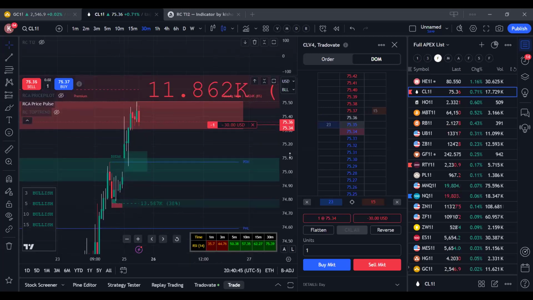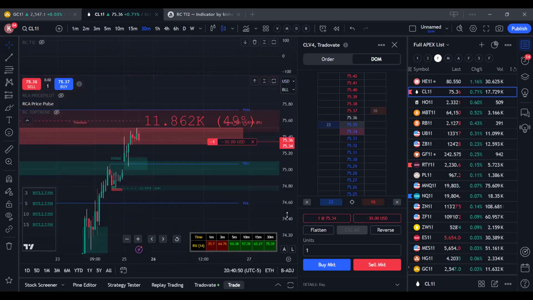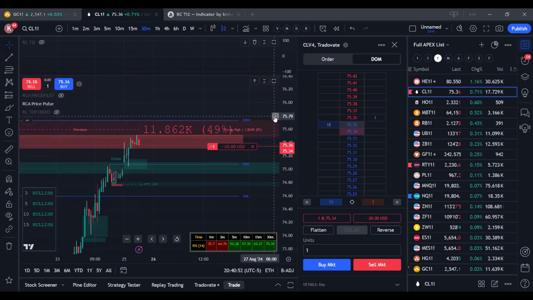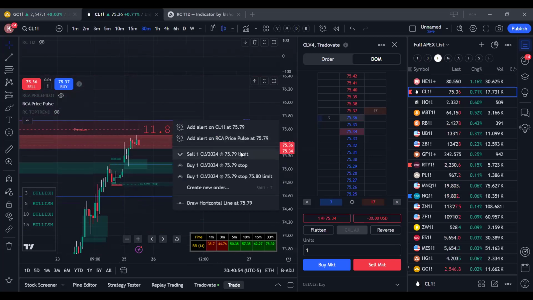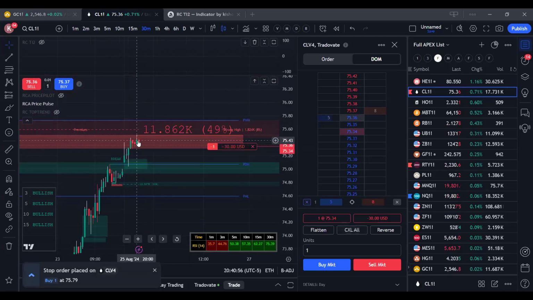But the candle size is becoming big, so I took it. So I can place my stop loss somewhere here. If price goes above this, I'll take the stop loss. Otherwise, I'll take my profit somewhere around 74.8.